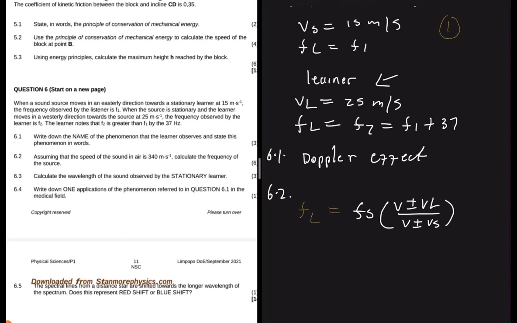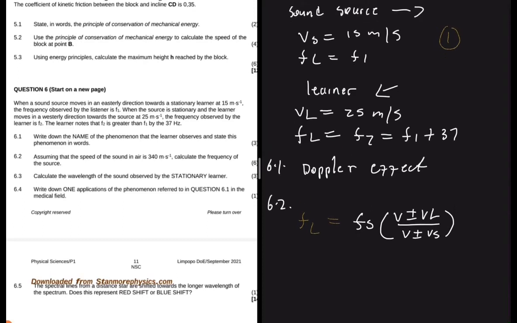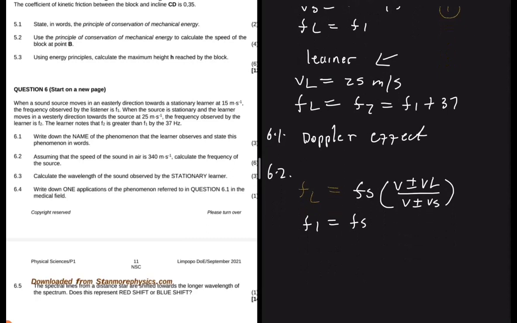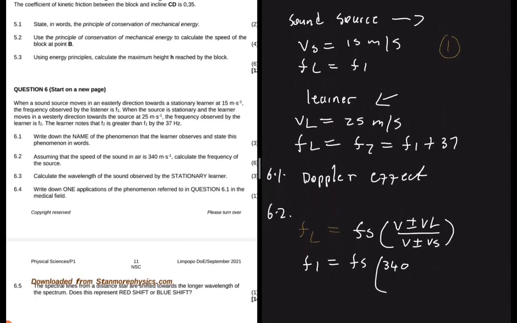And then the frequency observed by the listener when the sound source is moving towards the listener, we are told that is f1, right? So we're going to substitute f1. And then this is equal to fs because we don't know what the emitted frequency is. And then the speed of sound in air is 340. It is said that the listener is stationary, so we're going to have plus or minus 0 here.